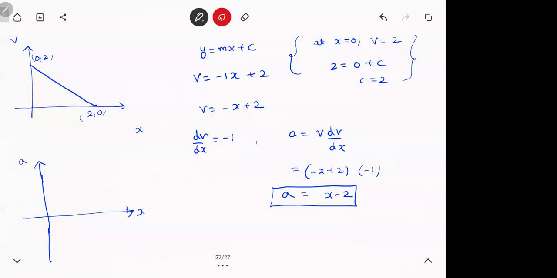Meaning, when x is 0, a is -2, so the graph starts from here and is going in. So this is how you normally do. Have a look at this. Ask me if you're confused. If you see, I did math only. There is nothing physics related actually here. Have a look at the steps.